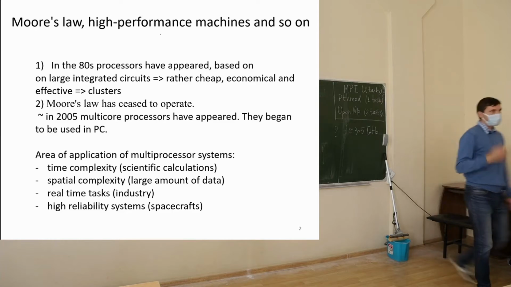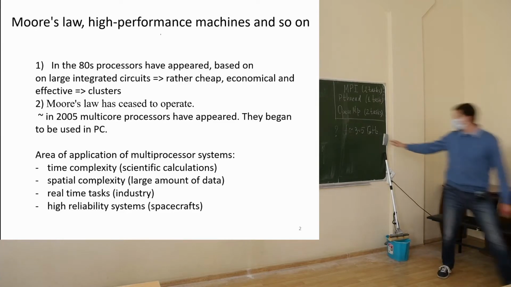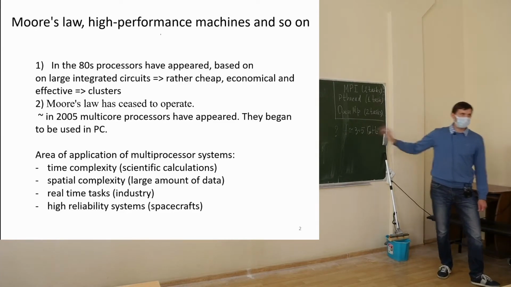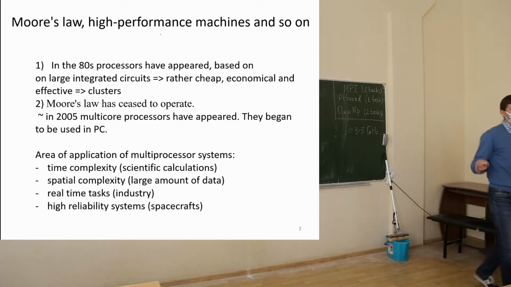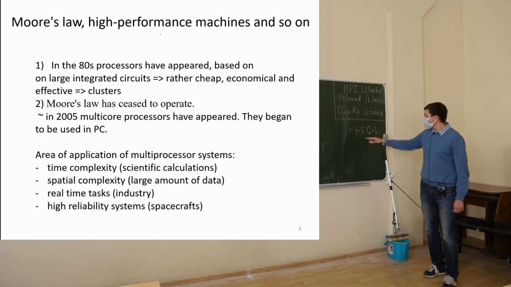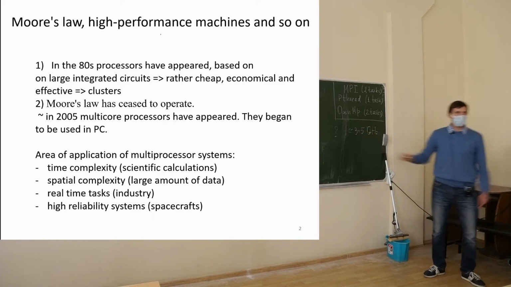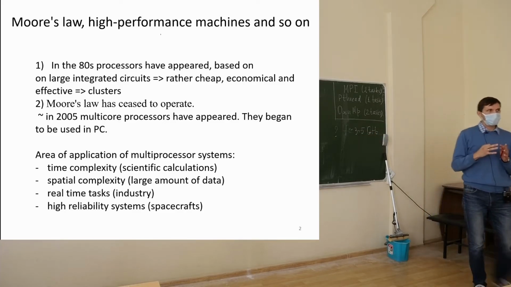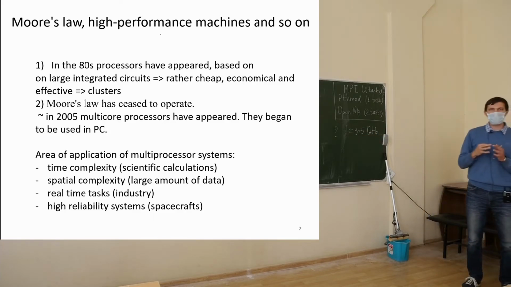And this limit was achieved approximately 15 or 20 years ago. So what to do further? Further, we can combine these processors into one piece, and it will be another approach to making a parallel machine.